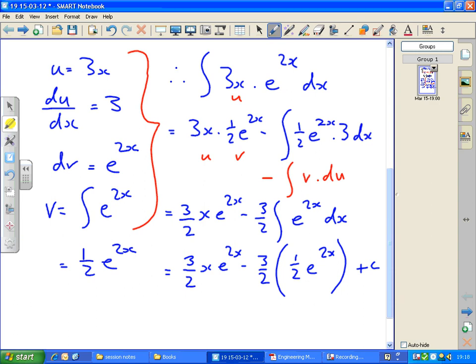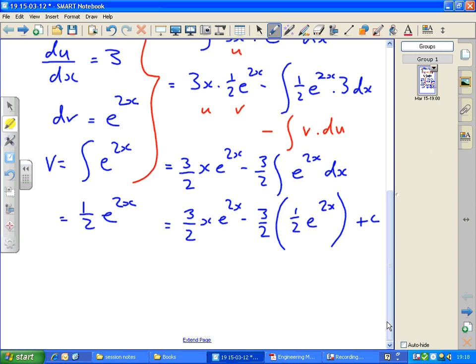And all we've got to do now is a bit of tidying up, because I can factorise this. 3 over 2 can come outside a bracket, and so can the e to the 2x. So finally the integral becomes 3 over 2 e to the 2x into x minus a half, plus c.